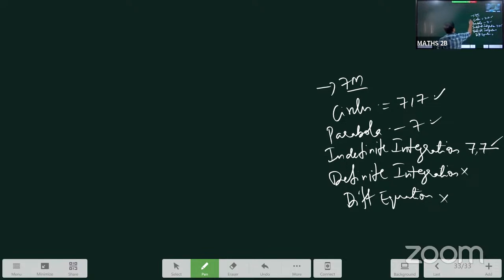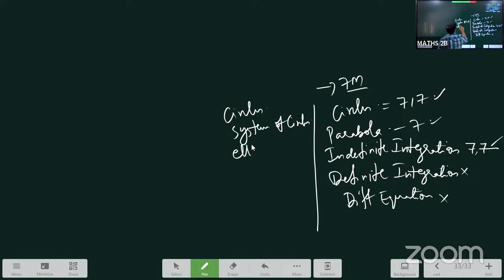And in 4 mark, again we did circles, system of circles, ellipse and hyperbola, and differential equation. These are your 4 marks things you are going to do, which we did. Ellipse and hyperbola, the others we did, and circle, system of circles, and differential equation just now.